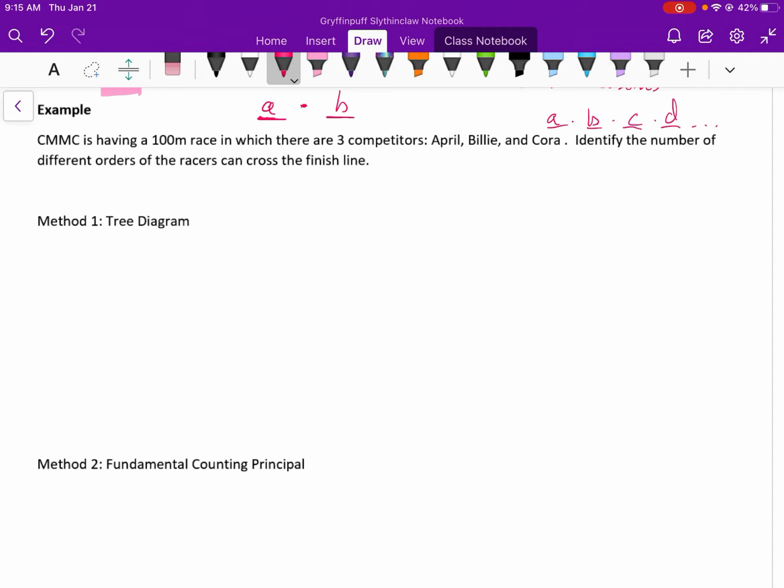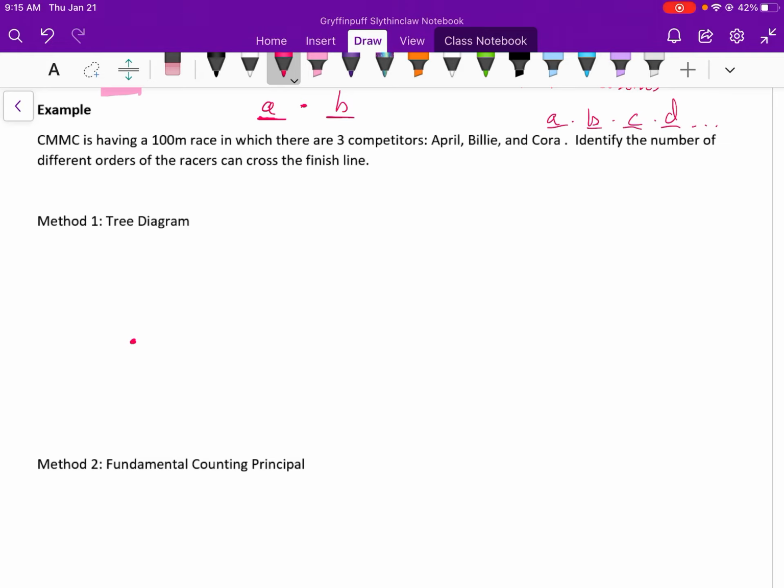So let's do an example of the fundamental counting principle. CMMC is having a 100-meter race in which there are three competitors: April, Billy, and Cora. Identify the number of different orders of the racers that can cross the finish line.